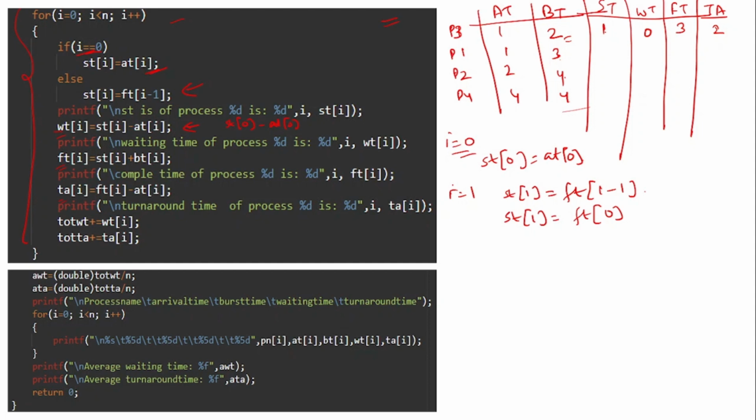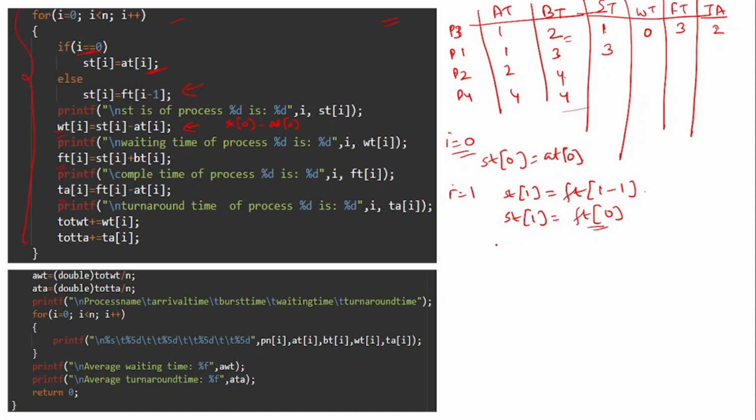Under the non-preemptive version, if one process completes its execution, only then does the next process go ahead and start executing. So the start time of the ith process is equal to the finish time of the previous one, that is 3. So at this particular time, the first process starts executing.